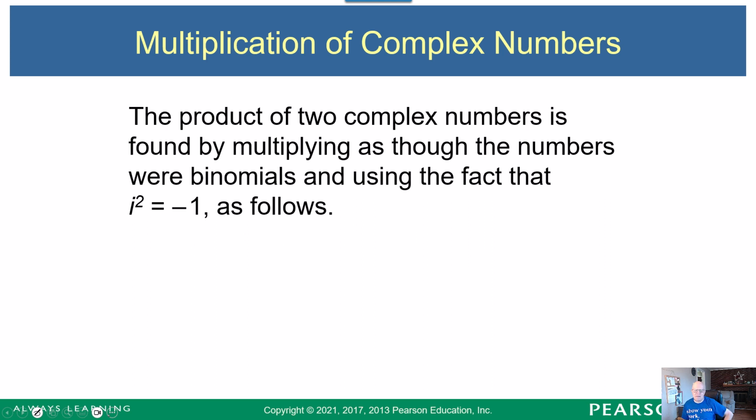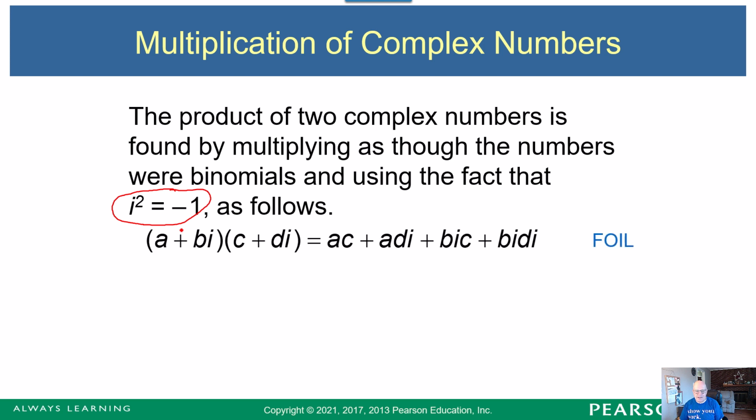Well, if you can add and you can subtract, why not multiply? Why not divide? Of course. Just remember, and I've mentioned this twice before, keep this in your back pocket. Whenever you see an i squared, think negative 1. With that in mind, let's take a look at this.